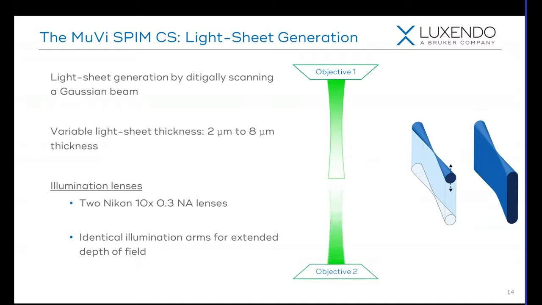The reason we do this is to extend the depth of field for our light penetration for excitation. If we create light sheets from 2 objectives on either side of the sample, we can integrate these and create a longer, more even sheet over a greater distance and get better light penetration into the sample.